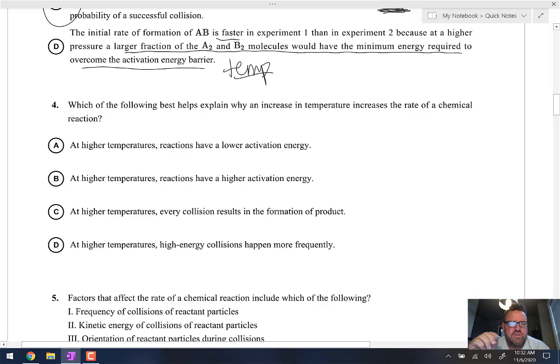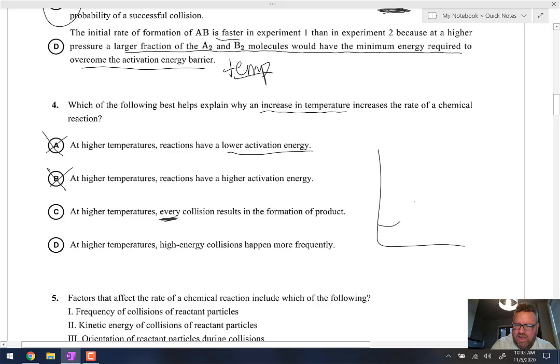Number 4: which of the following best helps explain why an increase in temperature increases the rate of a chemical reaction? Does it lower the activation energy? No, it does not. Only catalysts do that. Higher activation energy? No. At higher temperatures, every collision results in the formation of a product. That word "every" is real tough.